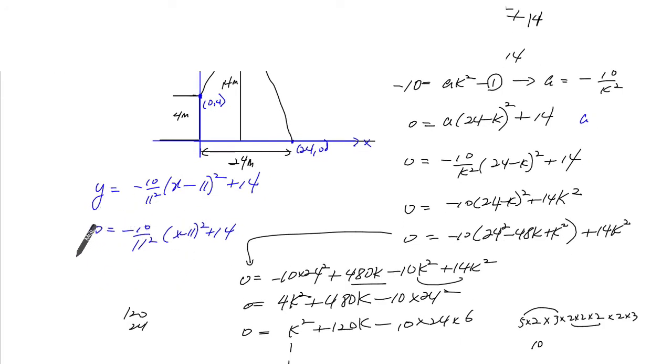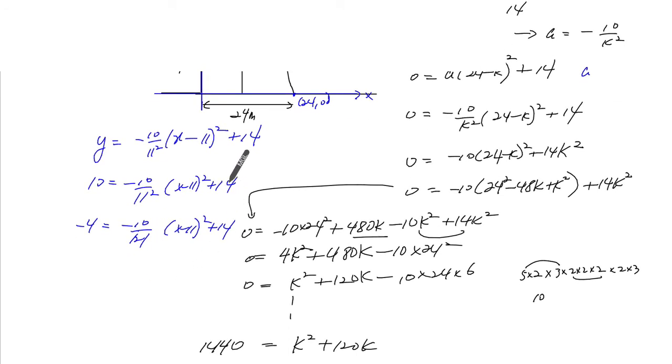Let's first subtract both sides by 14 to get negative 4. This is 121. And then multiply both sides by the reciprocal of that, so you get 4 times 121 over 10.